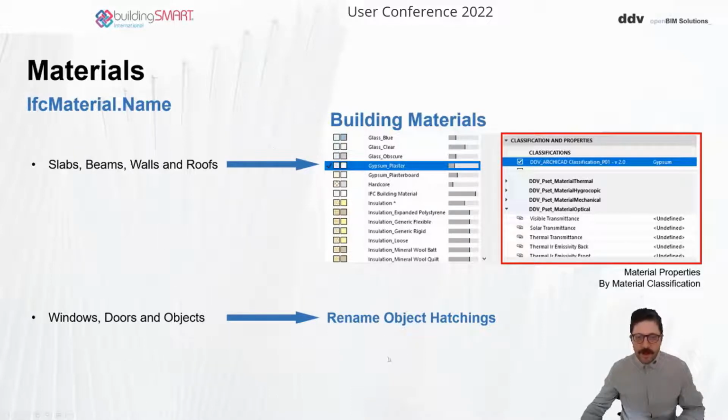So this is a quite tough task, but we encourage you to go through this path if you really want to create high quality deliverables based in IFC from ArchiCAD.